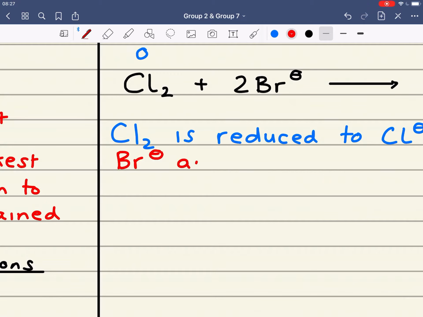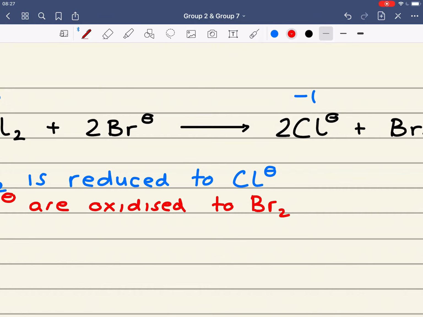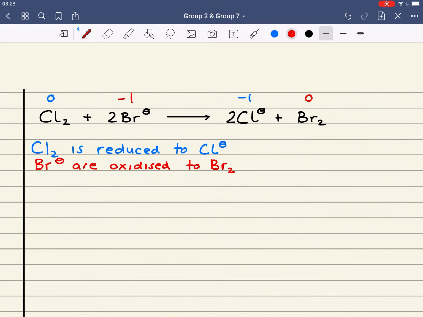And the bromide ions are oxidized to bromine. And again, when oxidation occurs, the oxidation state will increase from -1 to 0.